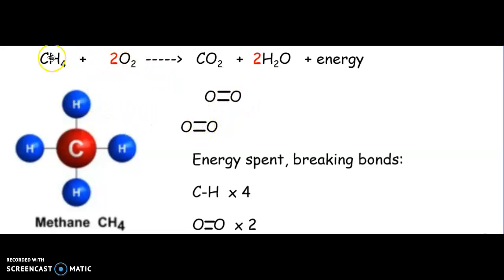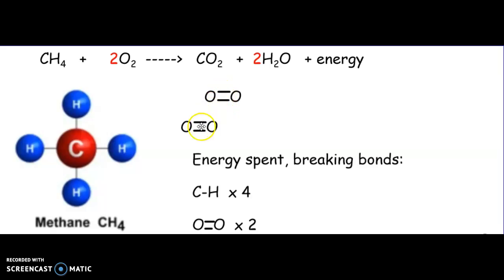So if we just focus on the reactant side of the equation, we have a single CH4 molecule, 2 O2 molecules, and what bonds must we break? Well, there are 4 CH bonds, and whatever the cost of a CH bond is, we're going to spend it times 4.